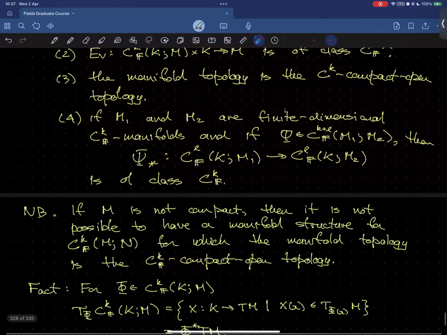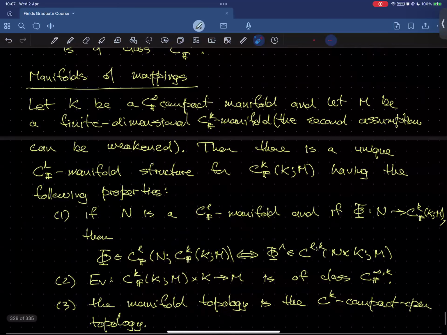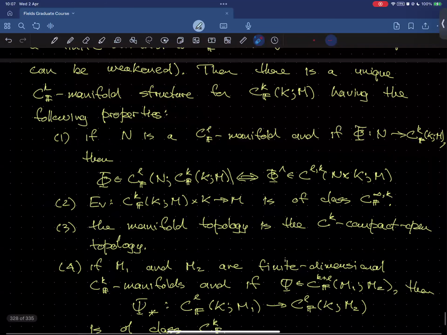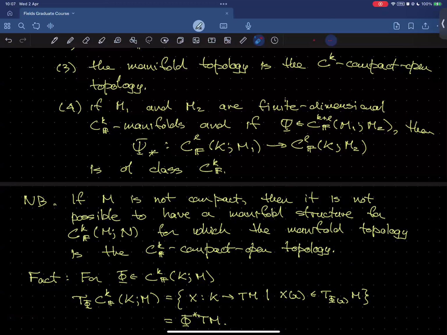Now I made a big assumption at the beginning of this discussion, and that is that K is compact. That assumption turns out to be required. The reason is that if M is not compact, then you cannot put a manifold structure on here for which the manifold topology agrees with the compact open topology. So that's a non-existence statement.